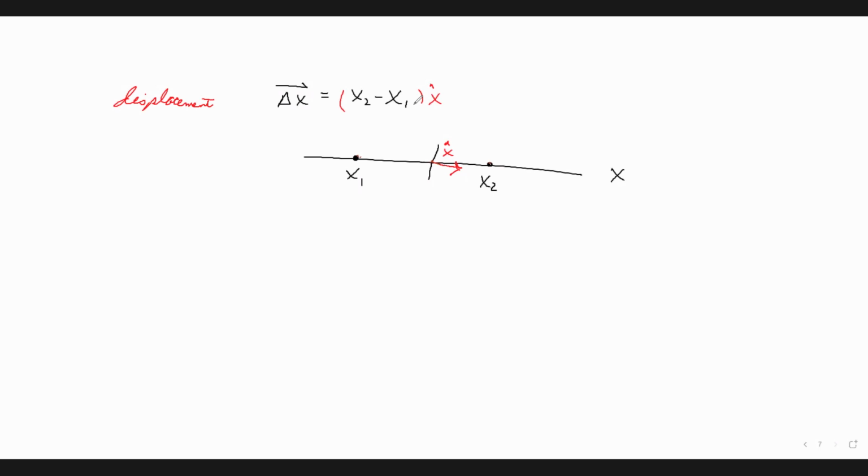Now, in one dimension. Okay, let me ask you this question. What about a quantity delta t, where delta t is a time interval? So my delta t could be from t equals 1 second to t equals 2 seconds.